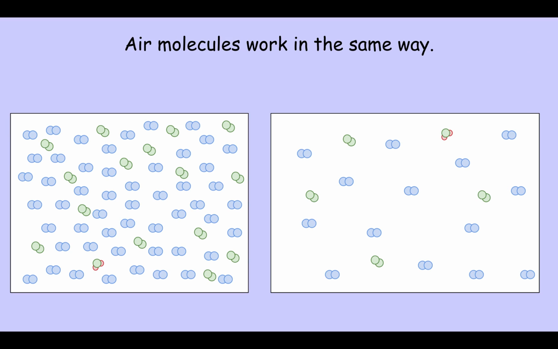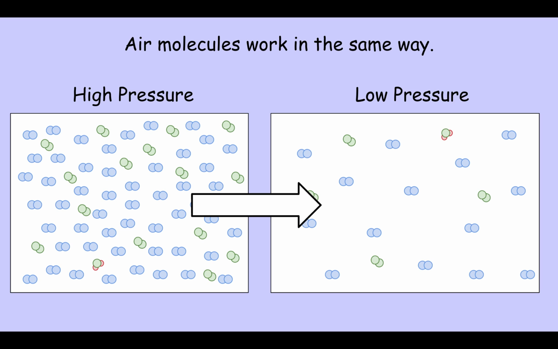The same is true of air molecules. When air molecules are crowded together, we call that high air pressure. When they're more spread out, we call that low air pressure. Just like people in the subway, air molecules don't like to be crowded, so they move from the high pressure location to the low pressure location.